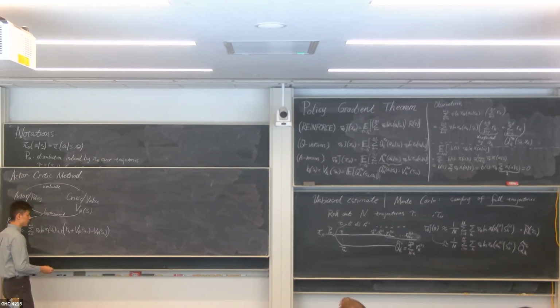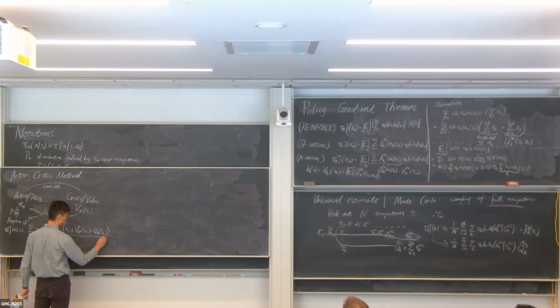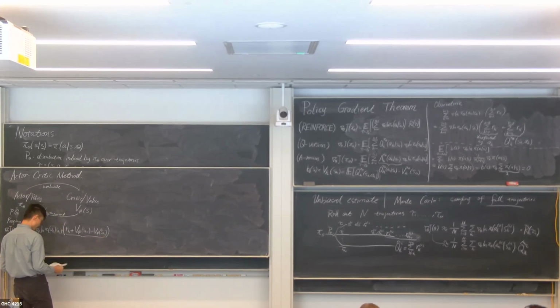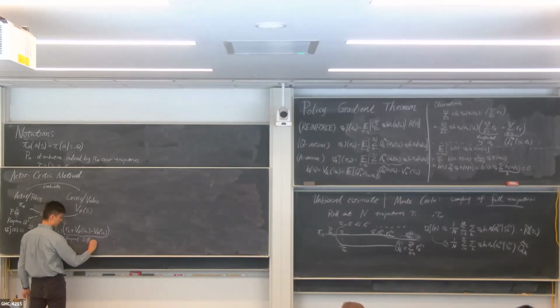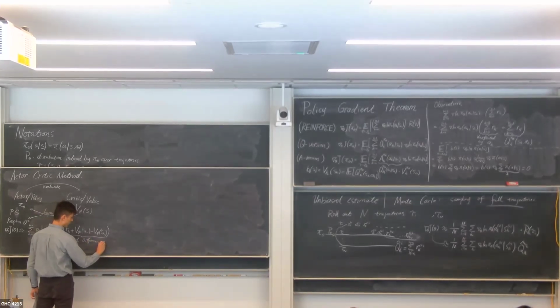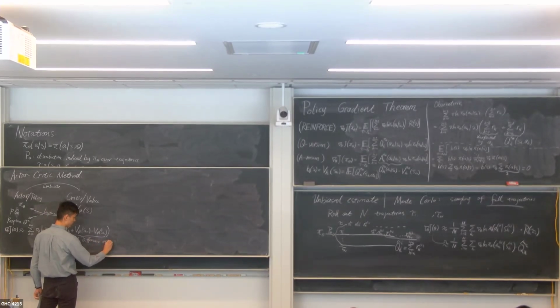So this quantity is sometimes called the temporal difference error.